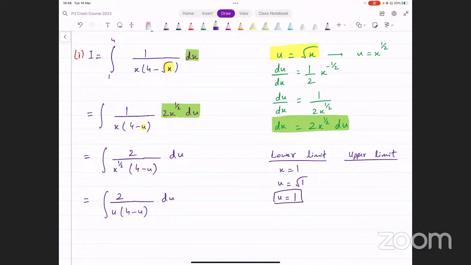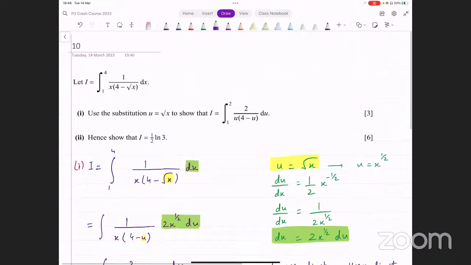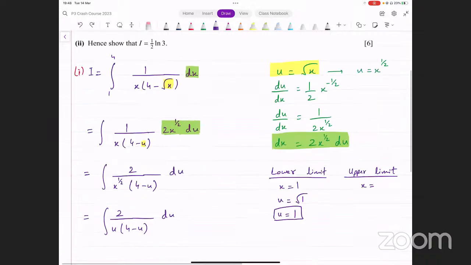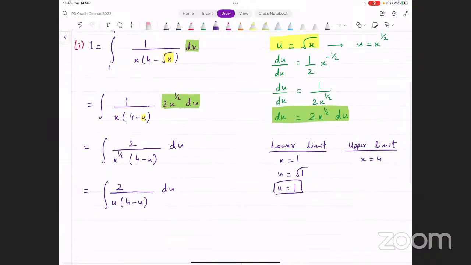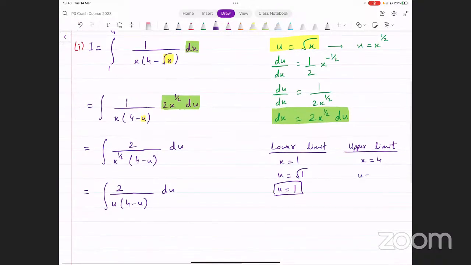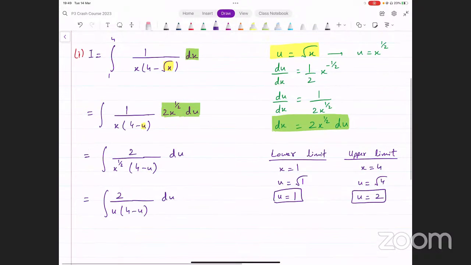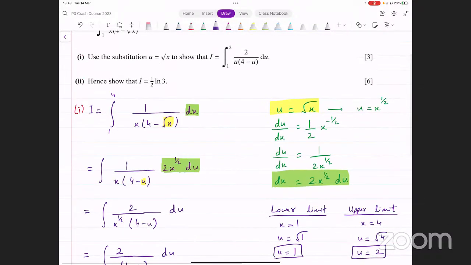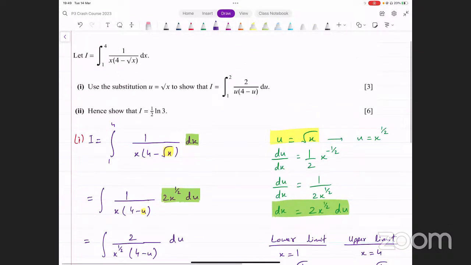Okay. Upper limit for x was 4 here. u is square root of x. So u becomes square root of 4 and u turns out to be 2 from this. That's the value of u that we have here. Now remember, we don't put plus minus here. If there was a plus minus, they would write plus minus here.